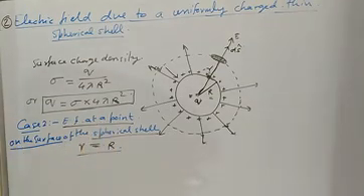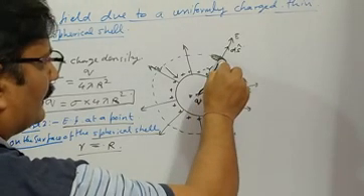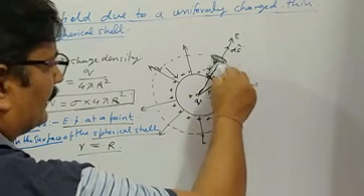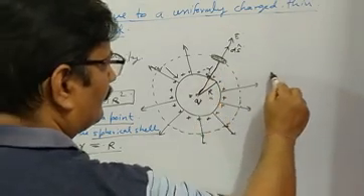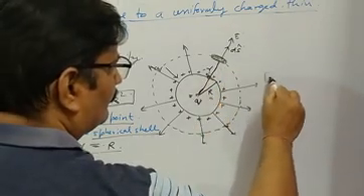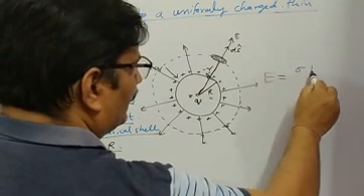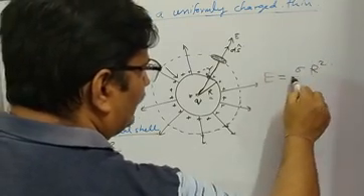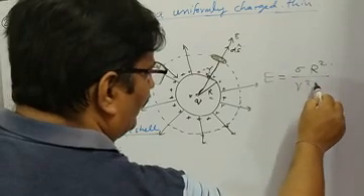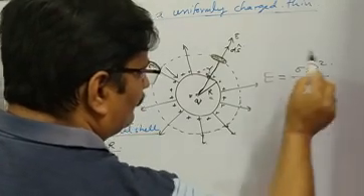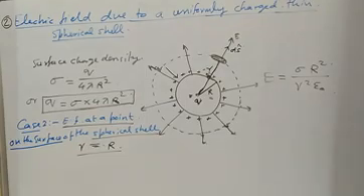This is the second case. Now in the previous case we have seen the electric field at distance small r from the center of the spherical shell, E is equal to sigma multiplied by capital R square divided by small r square into epsilon naught.